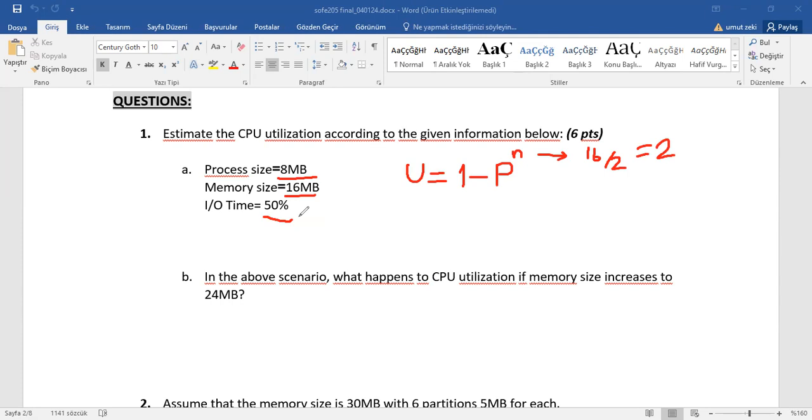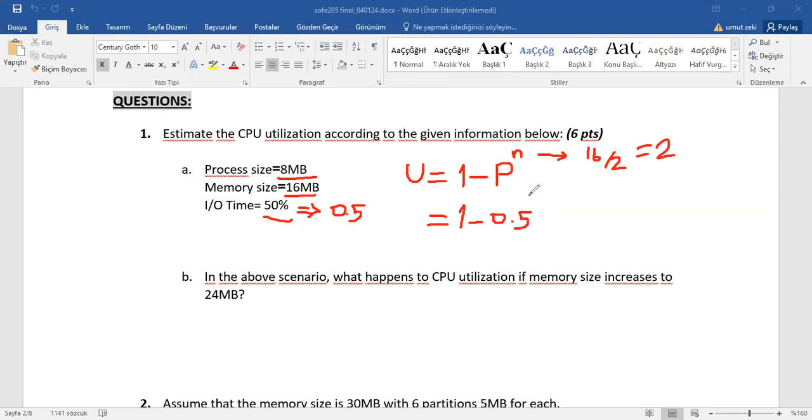Because we are going to calculate the CPU utilization, we subtract it from 1. So P is 0.5. When we put all of them in the formula, it will be 1 minus 0.5 over 2.